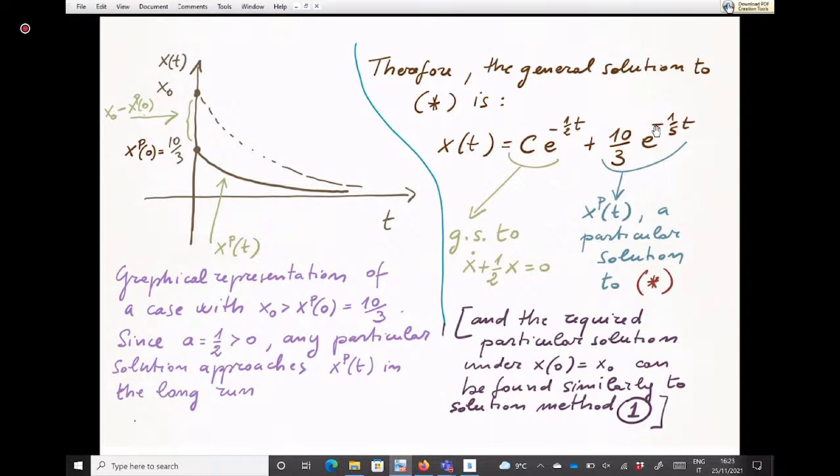Okay, it plays the role of the steady state, but it is not constant. It is something that changes. It's a kind of long-run trajectory, and in the long run, all other trajectories approach this one. And they approach this one because this is negative. Otherwise, we would have the opposite effect, like in my first example.